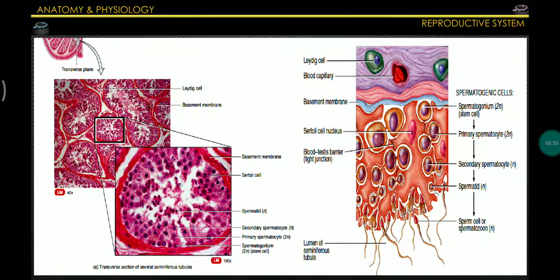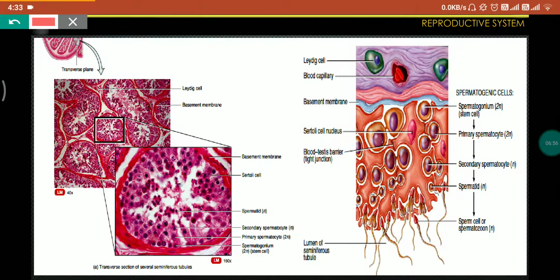So here we can see the Leydig cells, and this is the blood vessel, and this is the basement membrane of the seminiferous tubule, and in that we can see this spermatogonium. The spermatogonium is surrounded by Sertoli cells.